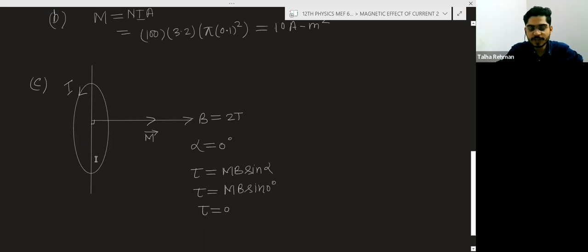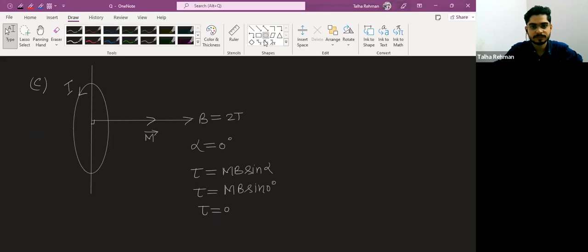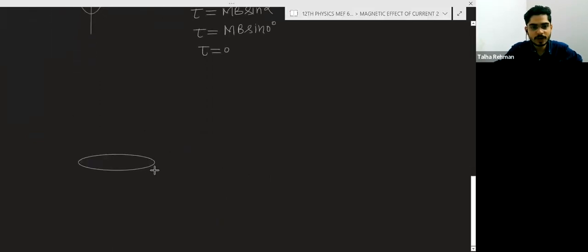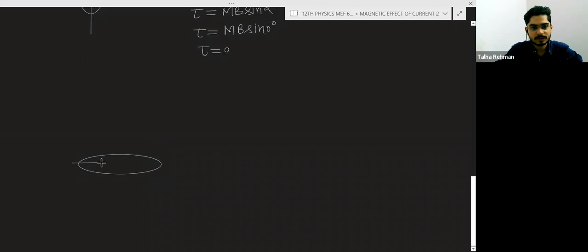You have rotated the coil 90 degree like this. Now this coil will be like this. And your magnetic field will be like this.